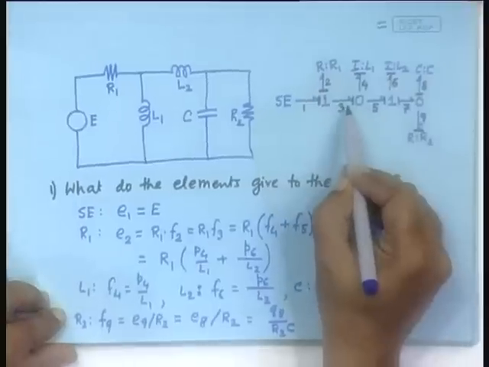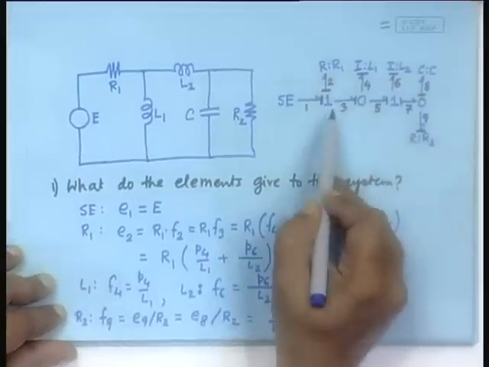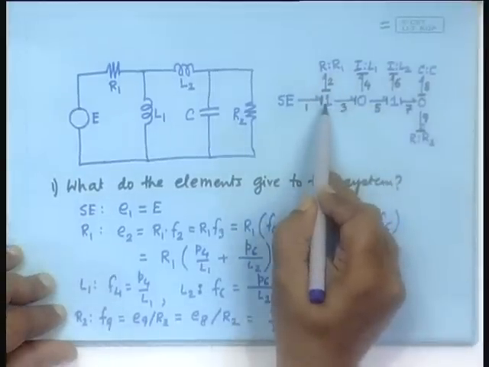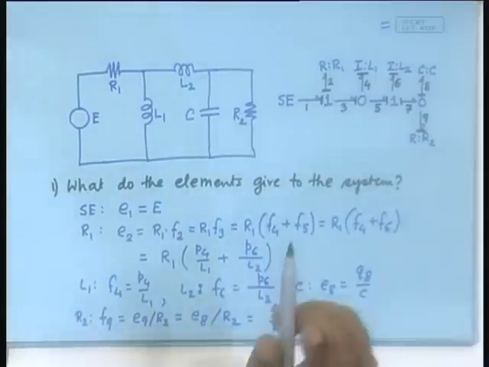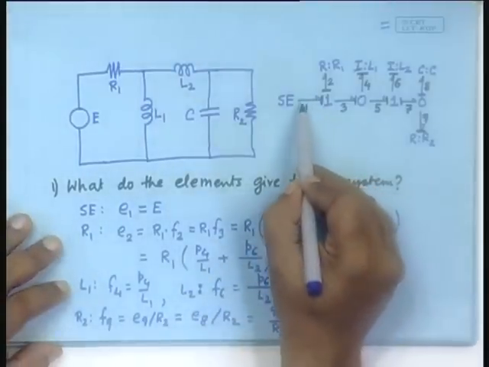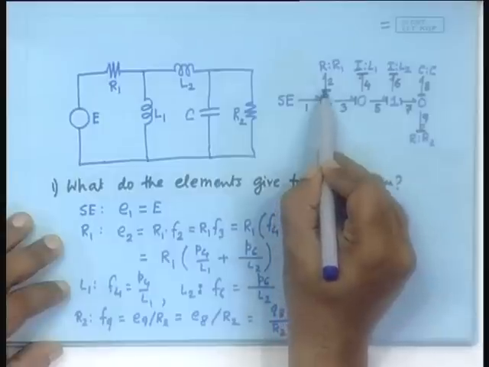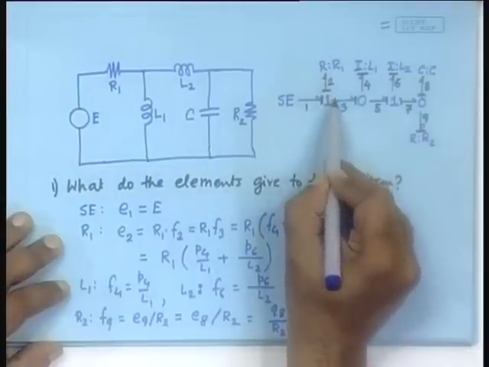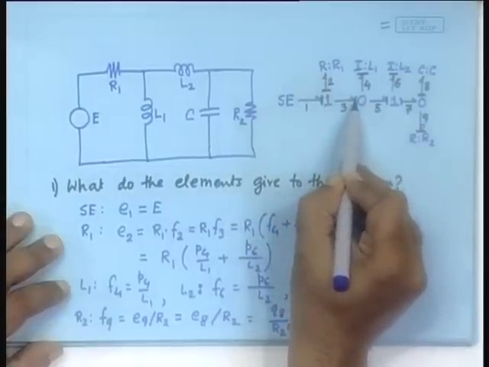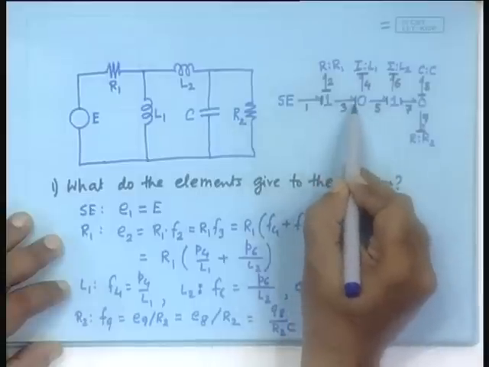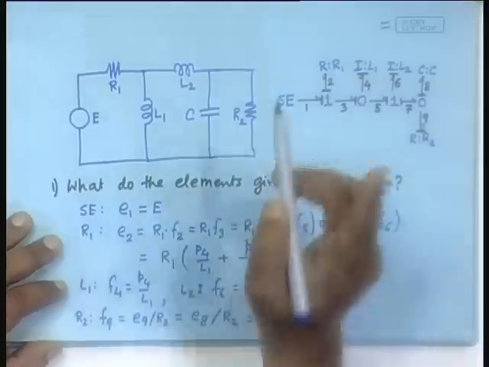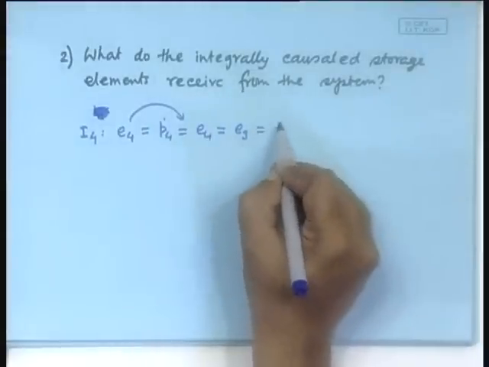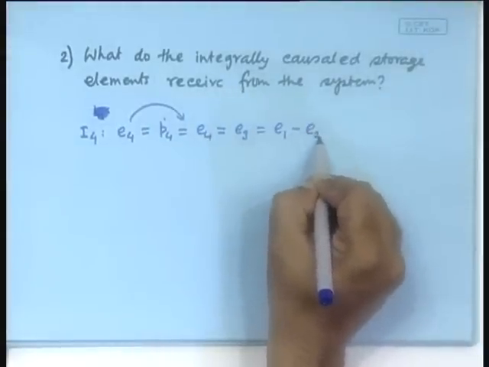Now, E3, yes, this is a 1 junction, and therefore, that is a combination of E1 and E2. Notice here the power direction has to be considered. E1 is equal to E2 plus E3, and therefore, E3 is E1 minus E2.